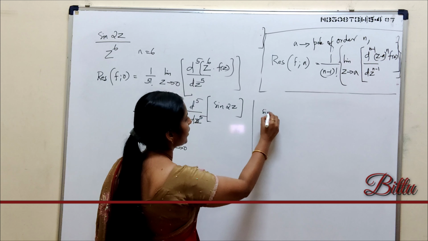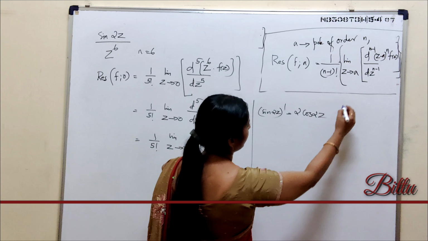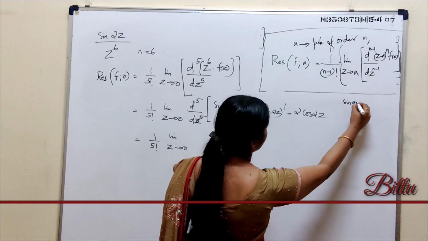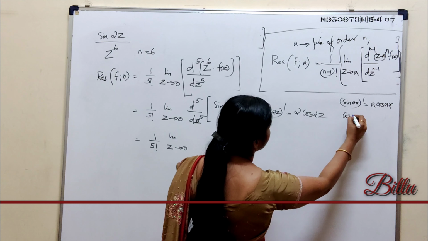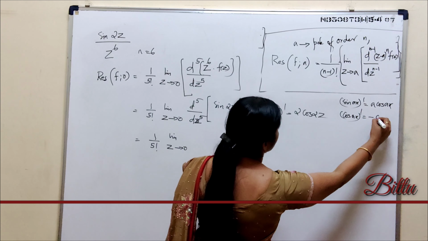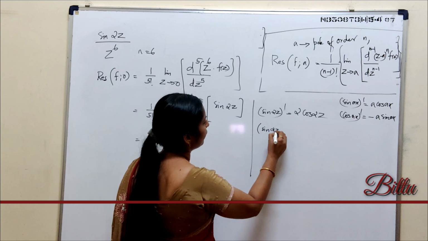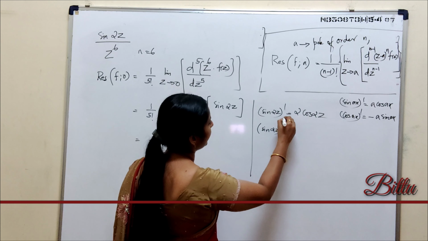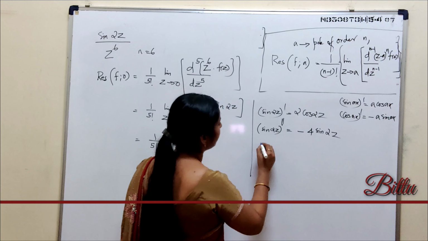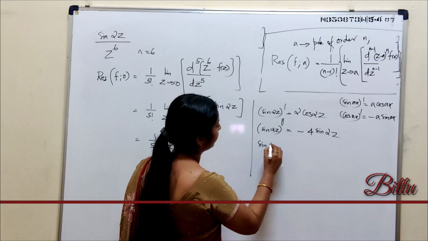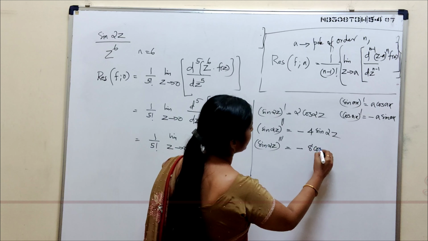What is the first derivative of sin 2z? It is 2 cos 2z. We know derivative of sin ax is a cos ax and derivative of cos ax is minus a sin ax. The second derivative of sin 2z is minus 4 sin 2z. Third derivative is minus 8 cos 2z.